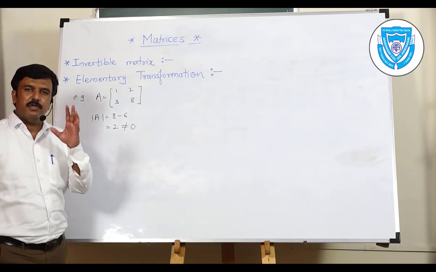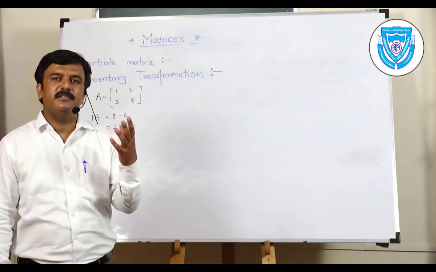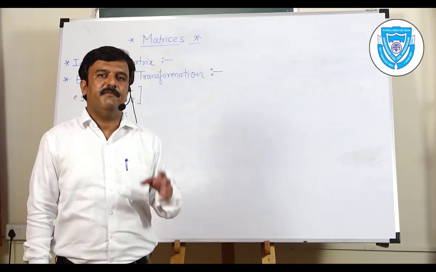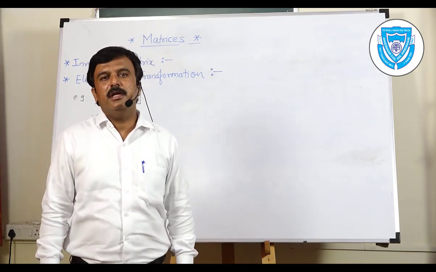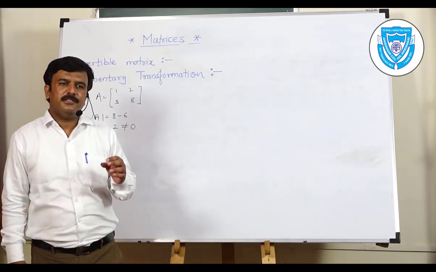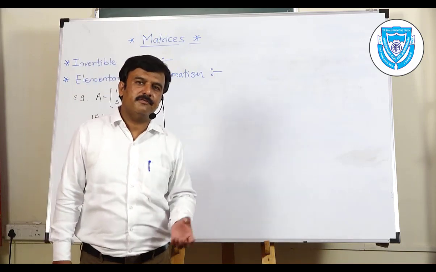So whenever you are asked to check whether the given matrix is invertible or not, we just go through its determinant. If it is non-zero, then we directly say that the matrix is invertible. Okay, now see, it's not that easy that we take any matrix and find its inverse.